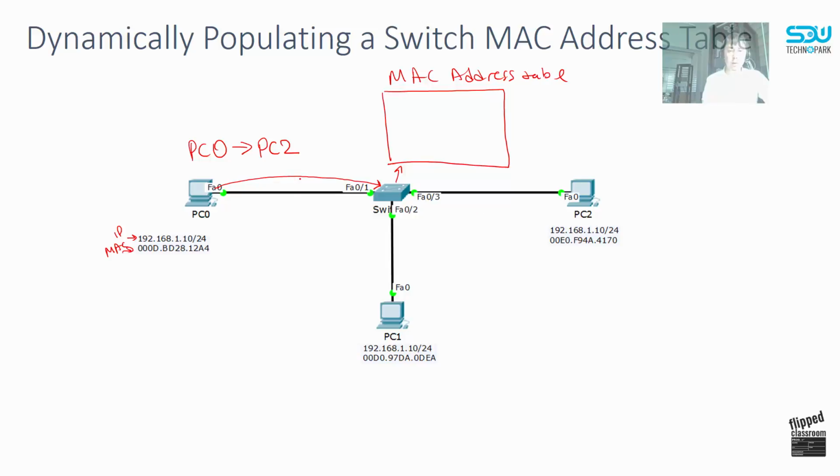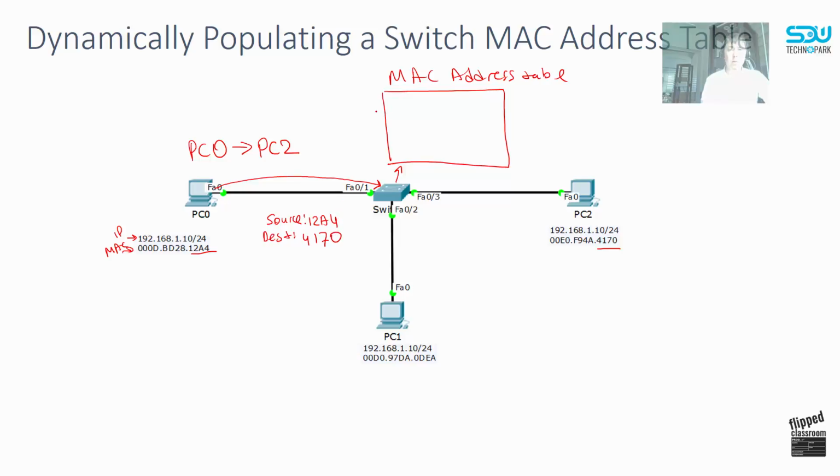When this frame is received by the switch, inside the frame there are source and destination MAC addresses. I'll just write the last division of the MAC address: the source MAC address is going to be 12A4, and the destination MAC address is going to be 4170.